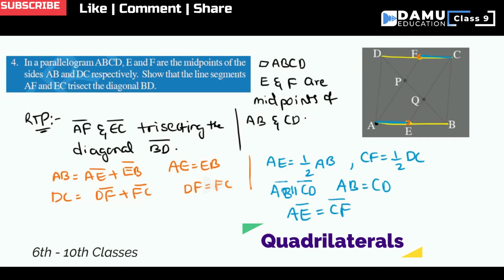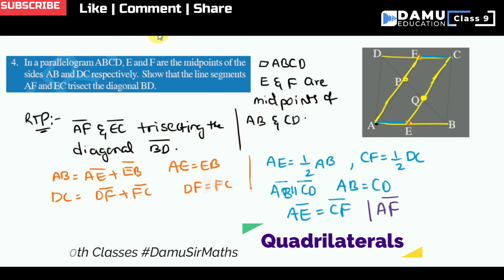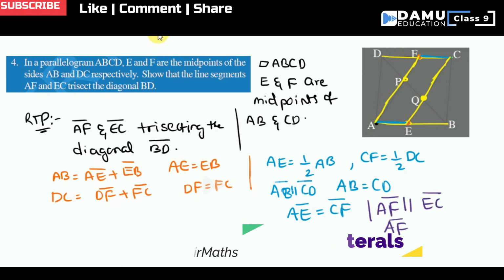And similarly, let's take these two lines, from C to this one. So these are the points of Q. Then this is the points of AF and EC. So here AF is parallel to EC, that is, AF is equal to EC.